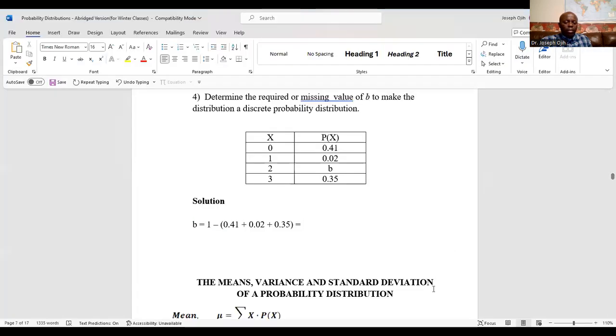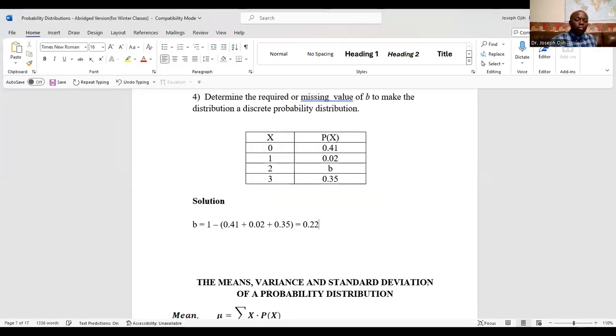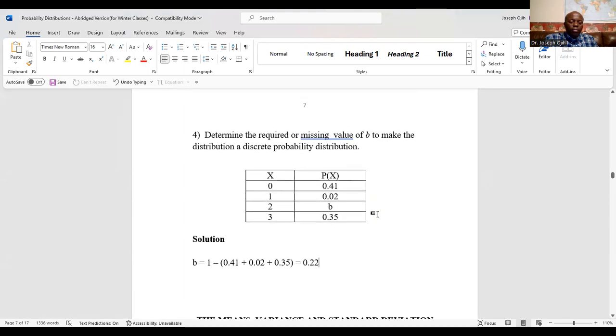Yeah, 41. 0.41 plus 0.02 plus 0.35. The answer is 0.22. So B is 0.22. Any question on this? Okay, no question.